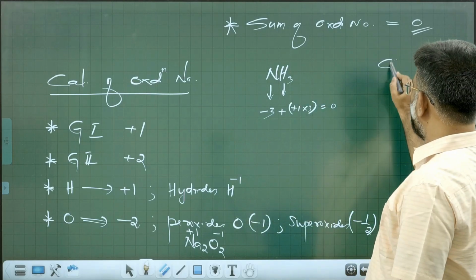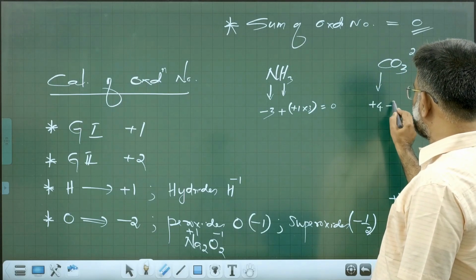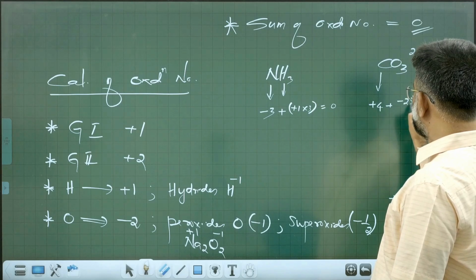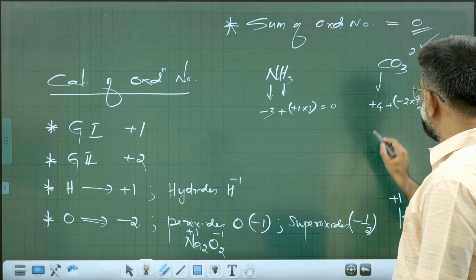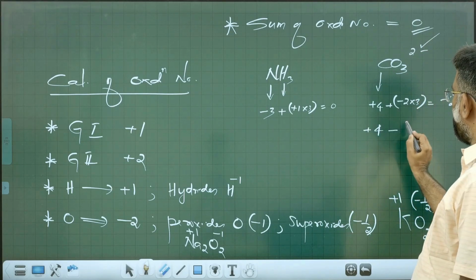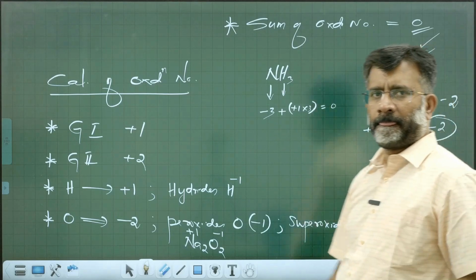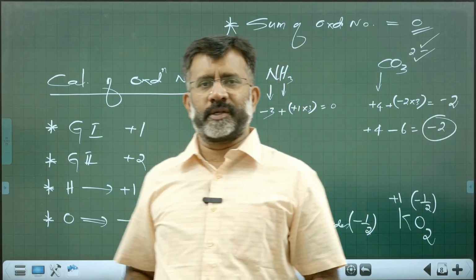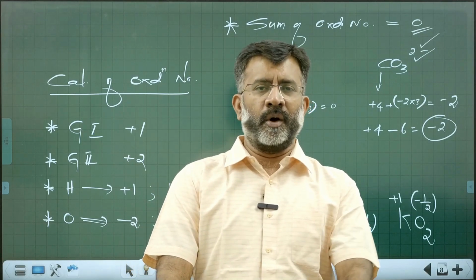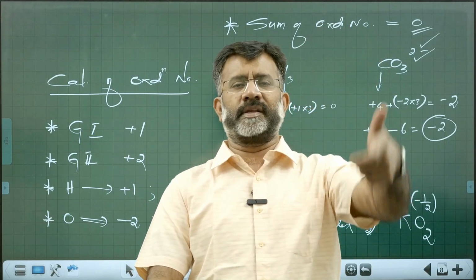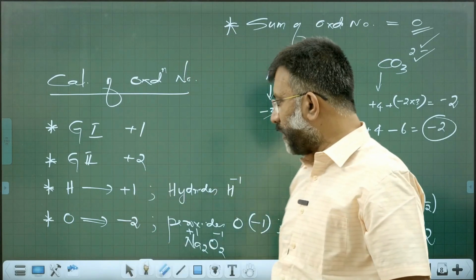If you take carbonate, CO3 2-, carbon is +4 and oxygen is -2 into 3. You can see +4 -6, it should come to -2, the net figure. So the sum of oxidation numbers will be equal to 0 for a neutral molecule or equal to the net charge if it is a given anionic or cationic radical. That is another important point.